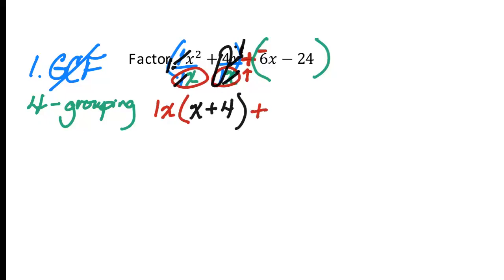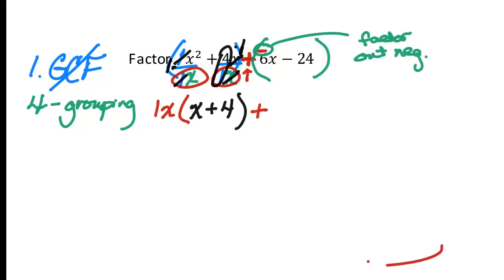I want to factor out a negative. I see that because my binomial starts with a negative. Okay, so I have negative 6, and I have a 6 and a 24. 6 is the smaller, and yes, 6 does divide evenly into 24.